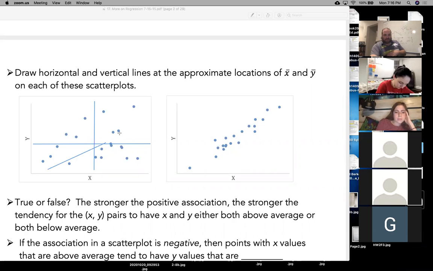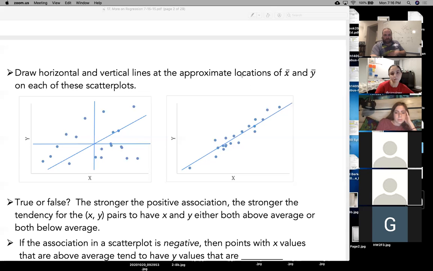But if we had the best fit line, remember the best fit line does have to go through the center. Does that seem like a relatively okay best fit line? Yeah. It actually hits a point or two. But that doesn't mean anything itself. The hitting the points is coincidental.